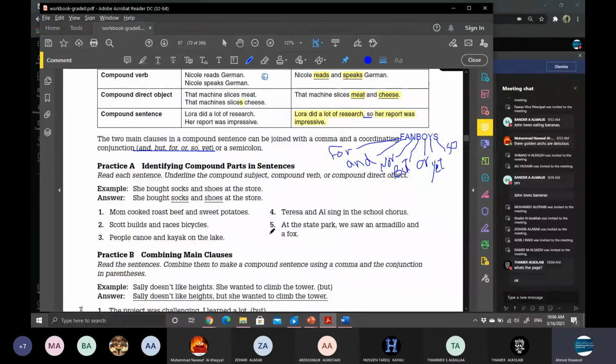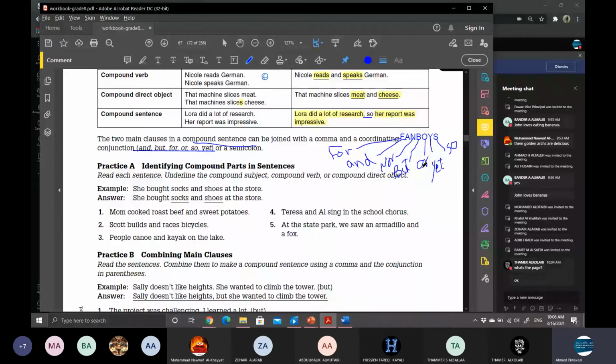These are the coordinating conjunctions in English, okay? And we use all of these coordinating conjunctions in order to make a compound sentence. So to make a compound sentence, we can use coordinating conjunctions like for, and, nor, but, or, yet, and so.